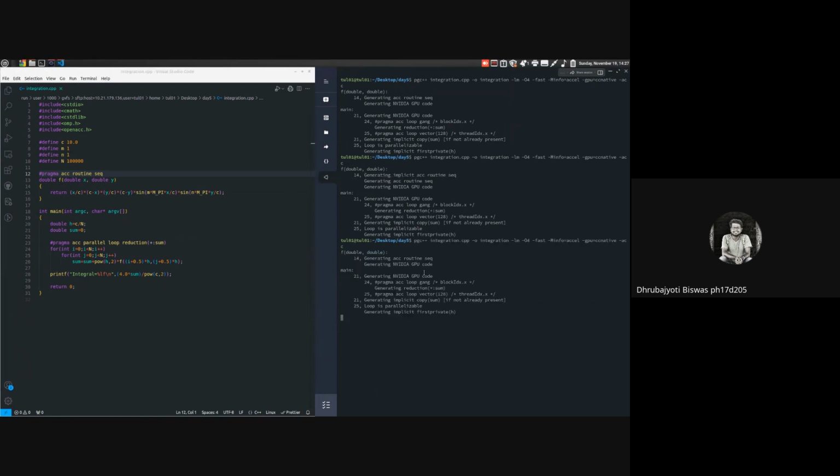It will anyway do it. You can see it is generating ACC routine sequential, and it is generating NVIDIA GPU code for it. So you have to remember that if you are using user-defined functions inside some parallel region, you have to define the function with hash pragma ACC routine.